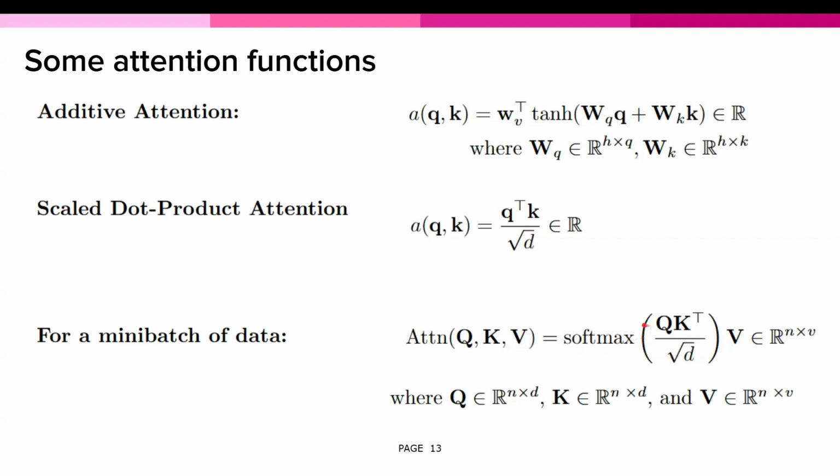And then these weights are applied to the values in V to give us an output matrix where each of the n elements is a weighted combination of the values based on the corresponding attention scores. So this is an efficient approach to computing attention over multiple elements simultaneously, to make it practical for large scale tasks in deep learning.